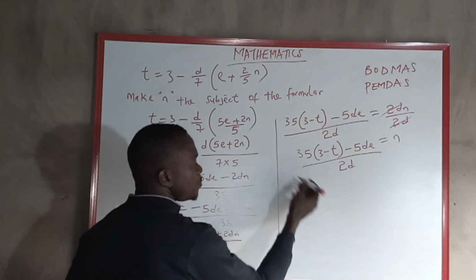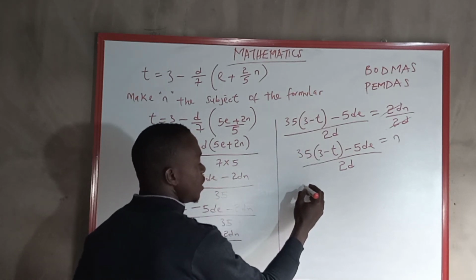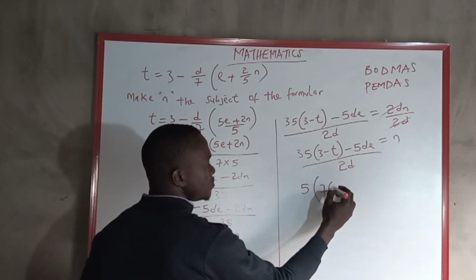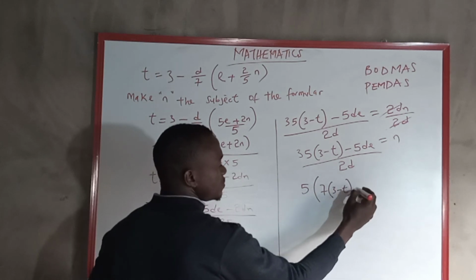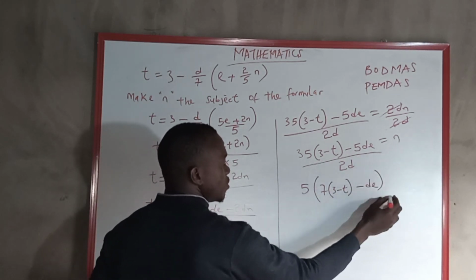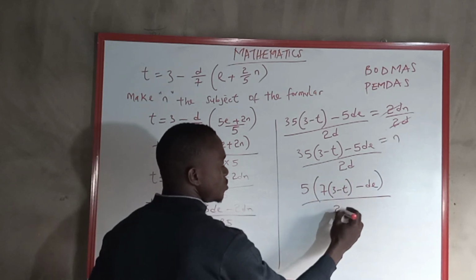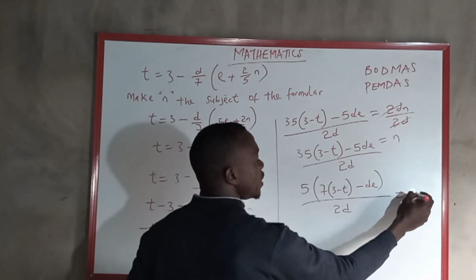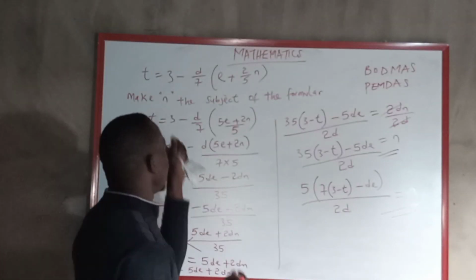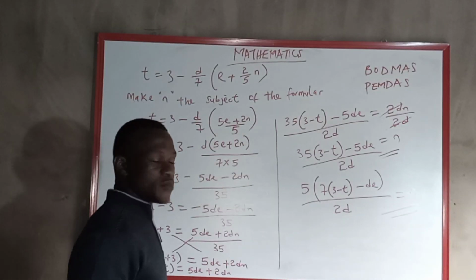Or we can also break this out to become 5 into 7 bracket 3 minus t minus de over 2t is equal to n. So this way or this way, we have already made n the subject of the formula.